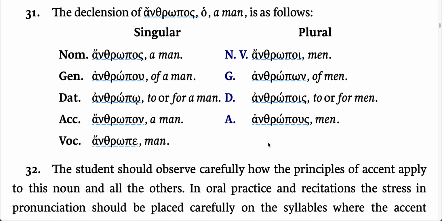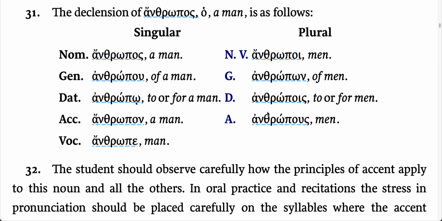So like you did with the verbs, you learn the stem and the ending. Greek is what we call a case-based language. It has endings in all of its cases in terms of its nouns. And so you want to be aware of this paradigm.